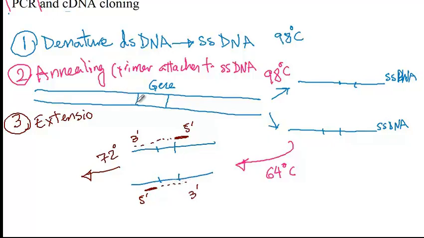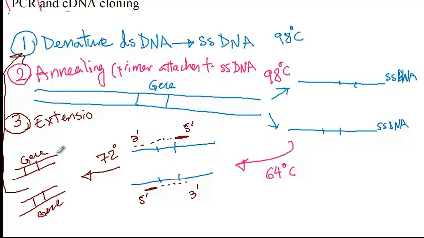So now you can see that through one PCR reaction, a single double-stranded DNA has yielded two double-stranded DNA that is carrying the gene of interest. And now in the next stage, we will repeat the denaturation. So now we will isolate these two double-stranded DNA into 4 single-stranded DNA.